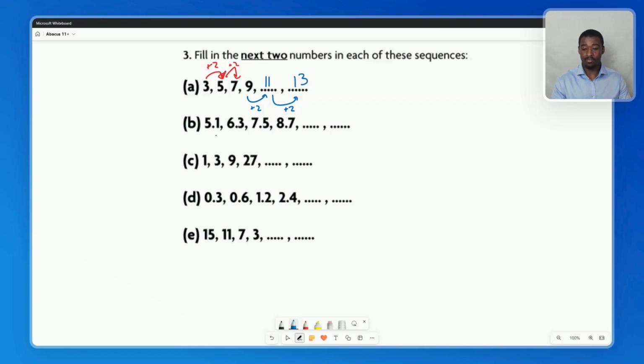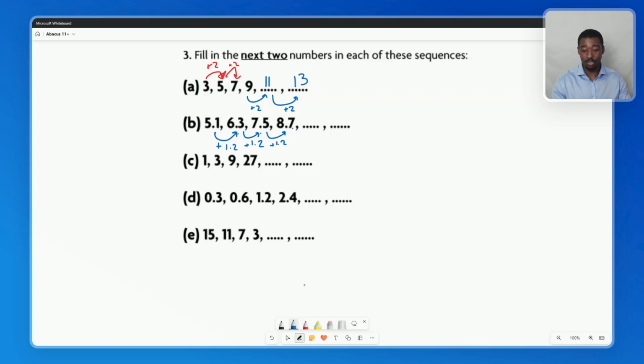And then for B, we have 5.1, 6.3, 7.5, 8.7. Here, it looks like it's still basic addition. These are the easiest patterns to recognize, except this time we have a decimal part. So instead of adding 2, we're adding 1.2.